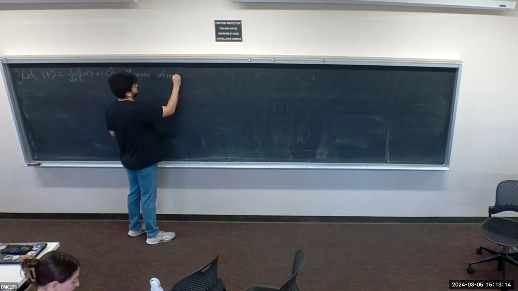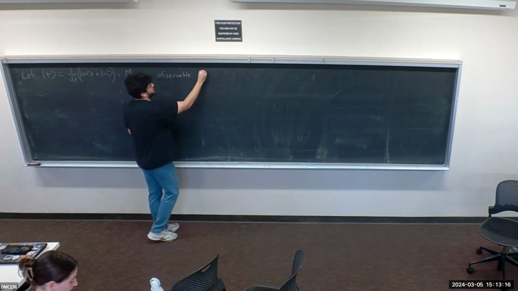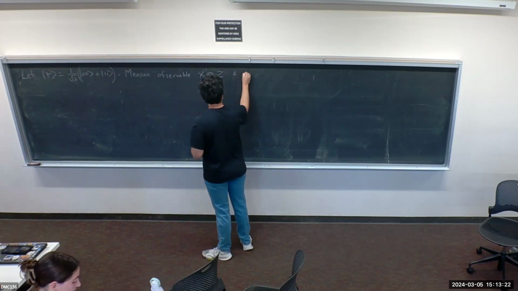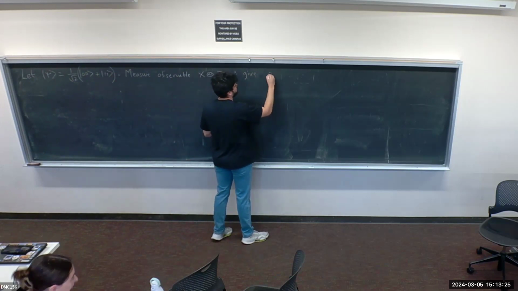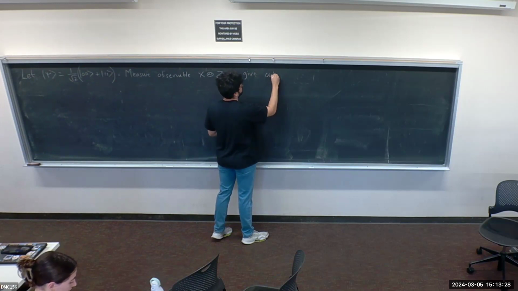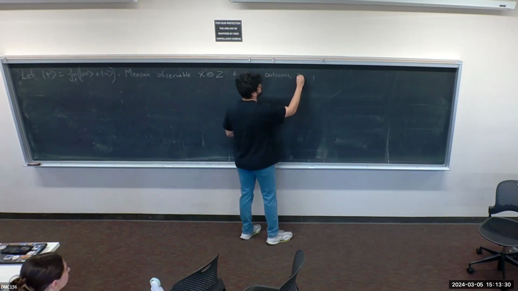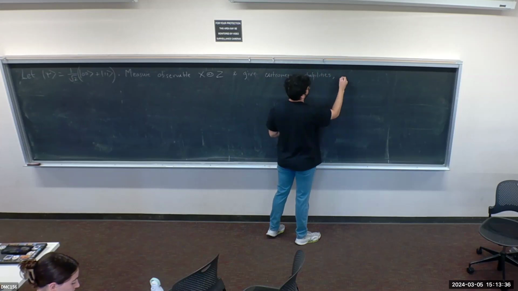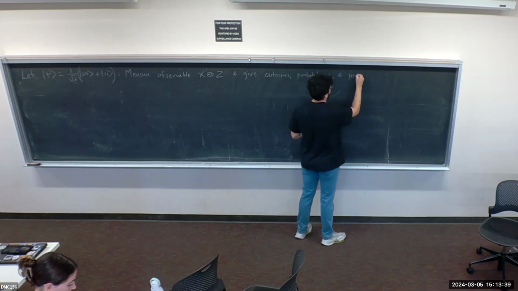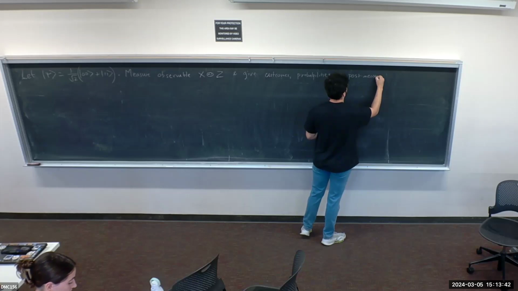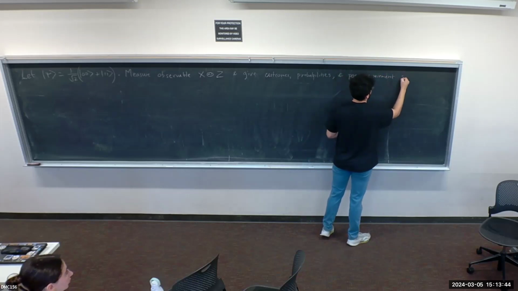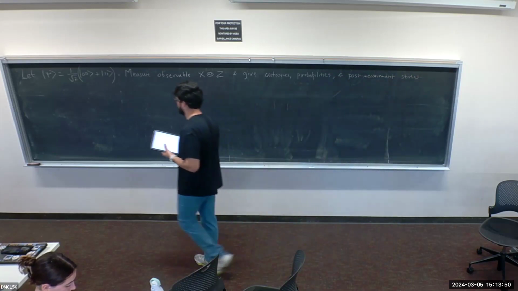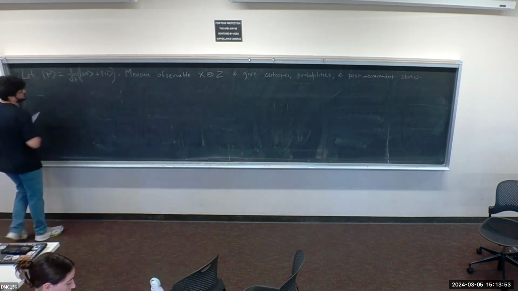Measure observable X tensor Z and give outcomes, probabilities, and post measurement states. So how will you approach this problem?